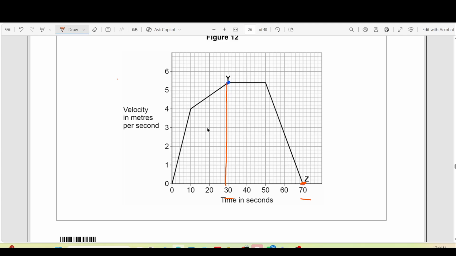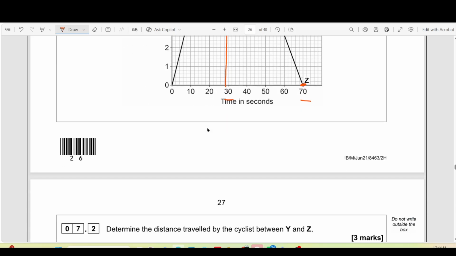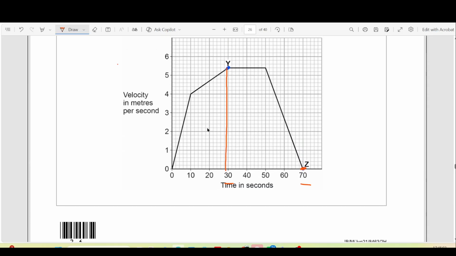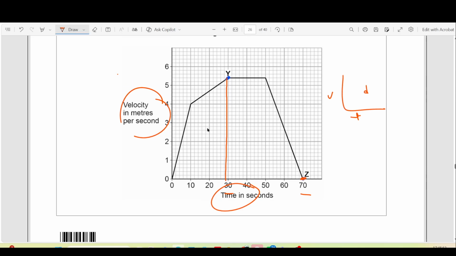Well, can I do it my way? Okay. Whenever the graph of velocity and time is given and you have to find distance, you can find the area between Y and Z. Between Y and Z, we have a rectangle and a triangle, right?